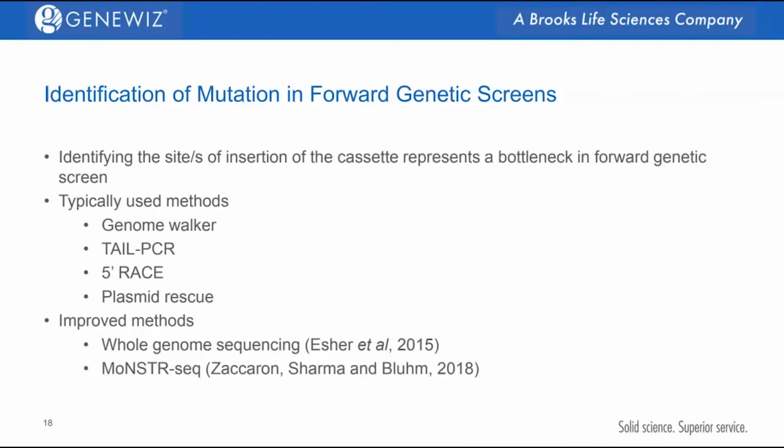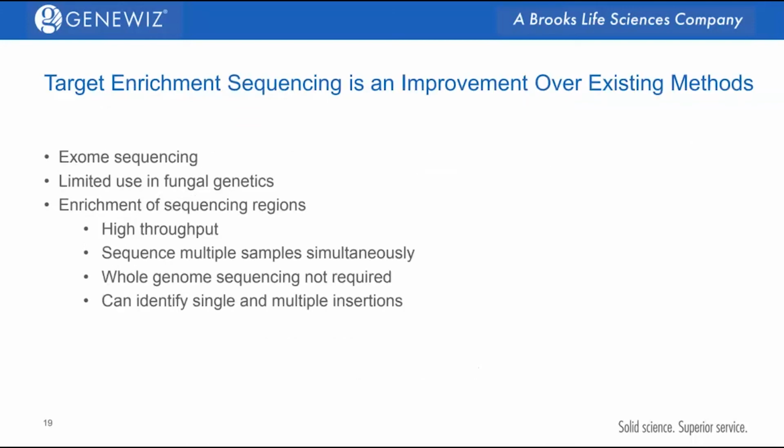However, with the advent of genome technologies and the reduction in prices of whole genome sequencing, people started using whole genome sequencing to identify where the insertion of the mutagenesis cassette was. We developed a restriction enzyme-based method to identify it. We named it MonsterSeq. It's been published.